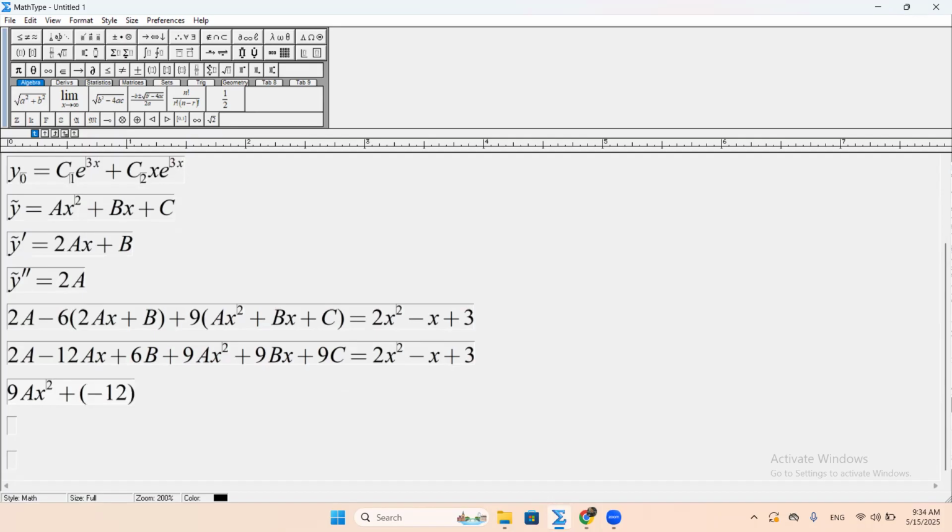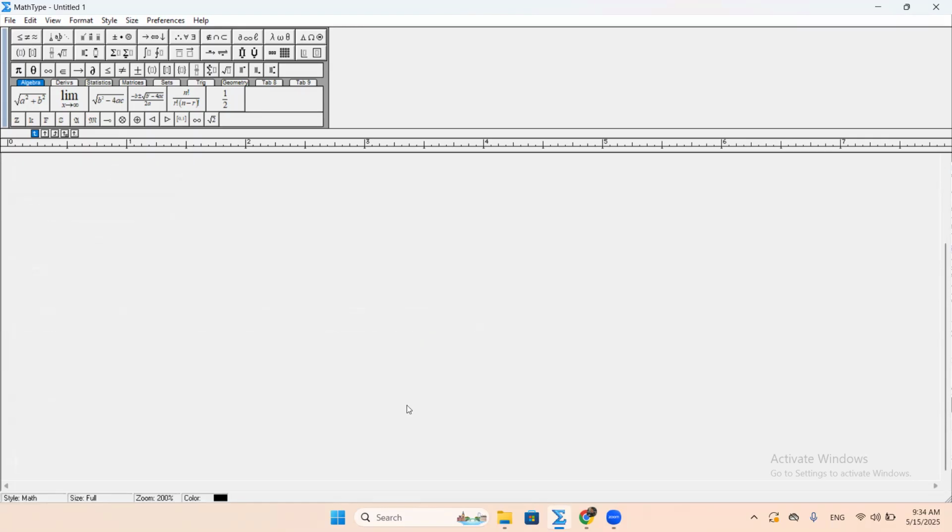Minus 12a plus 9b. And what about the power of 0? 2a plus 6b plus 9c. And it equals this expression.